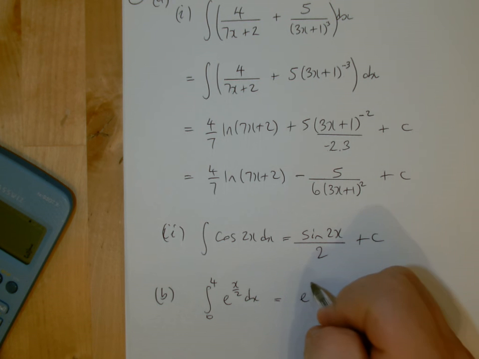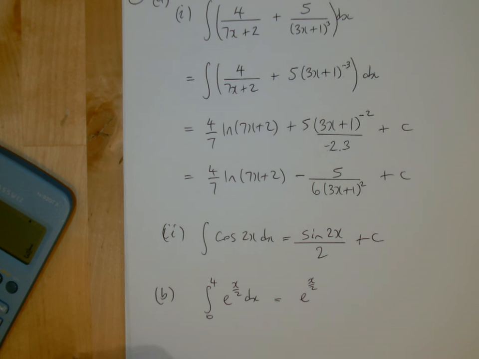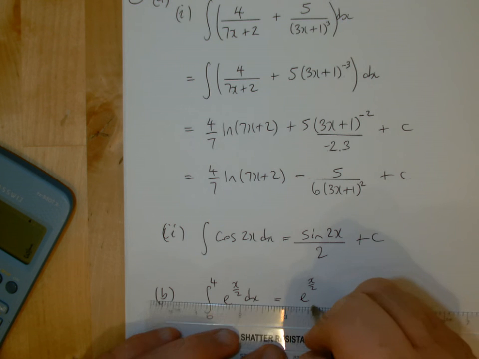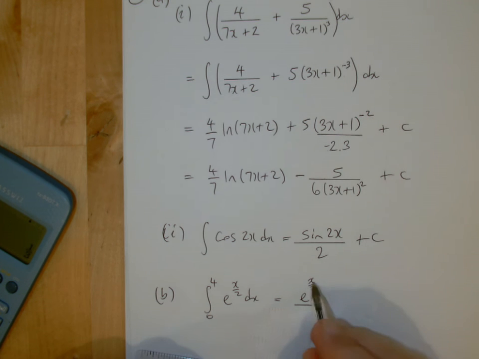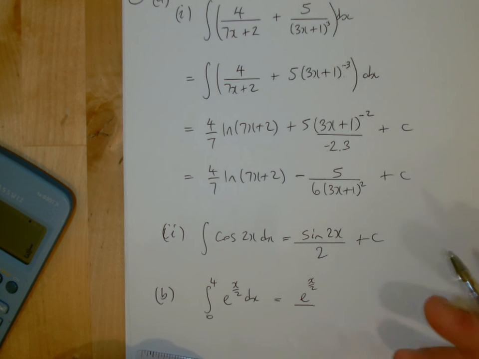So in this case, it's going to be e to the power x over 2. But because it's like a function of a function, remember then you've got to divide by the derivative of this sort of inner function. So if we differentiate x over 2, I think x over 2 is just like half x. So half x, when you differentiate it, just becomes a half. So that's what you're dividing by.